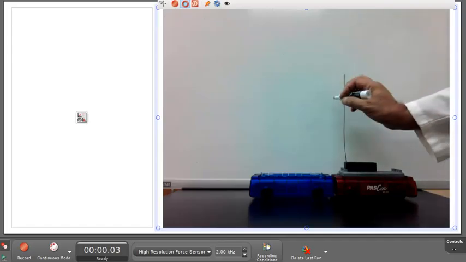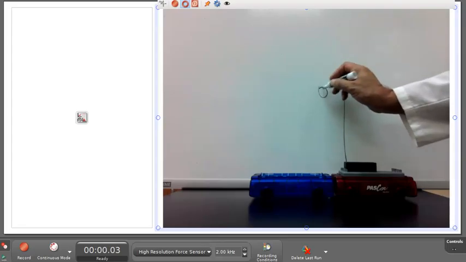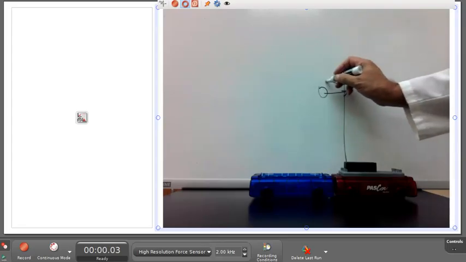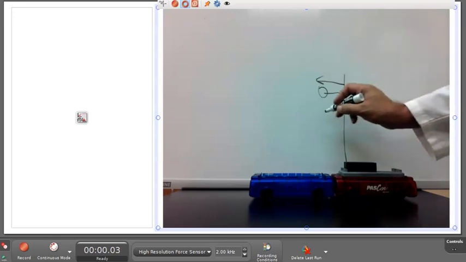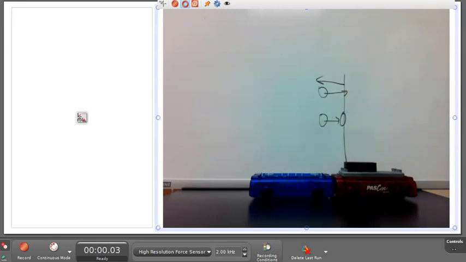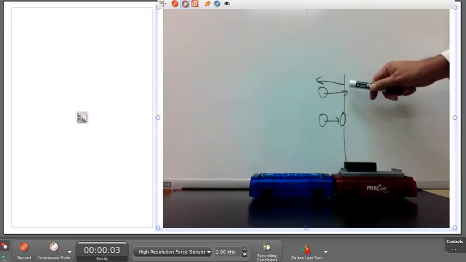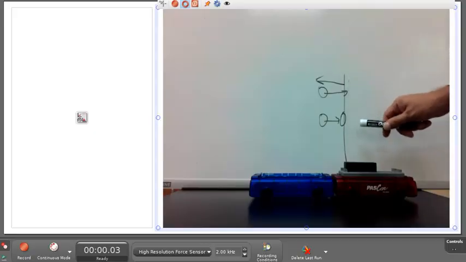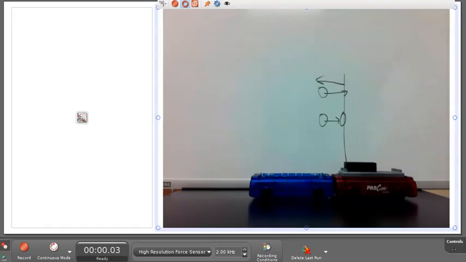The super ball will come in, bounce off, and come back. Whereas the clay ball will come in and stick to the door. So the question becomes, which one is going to exert a bigger force, the super ball or the clay ball? So what I'm going to do is reset in order for us to do an experiment here.